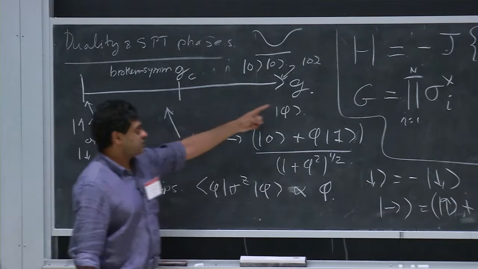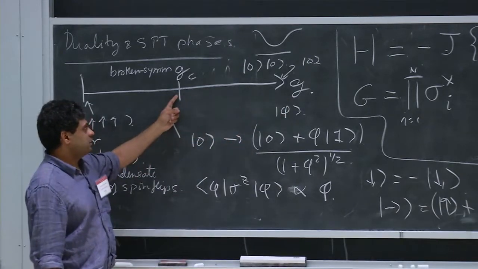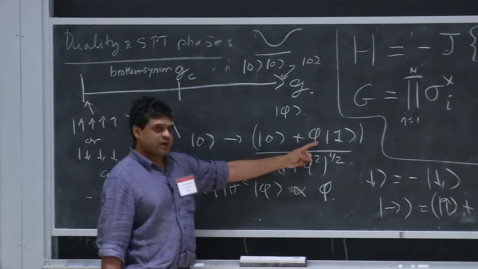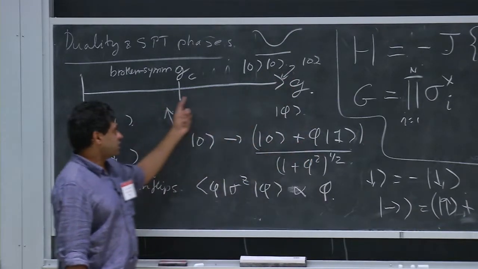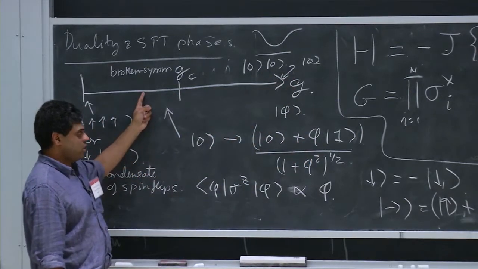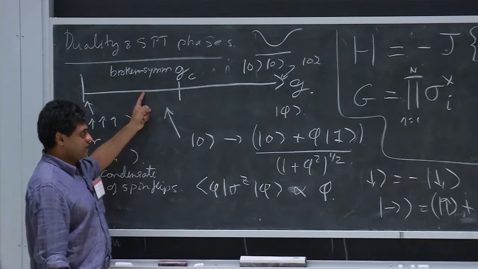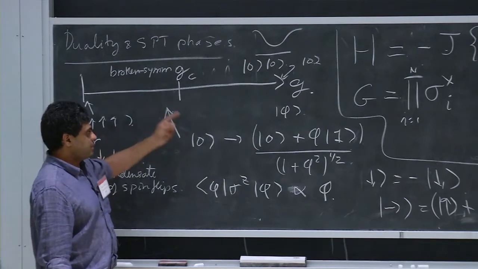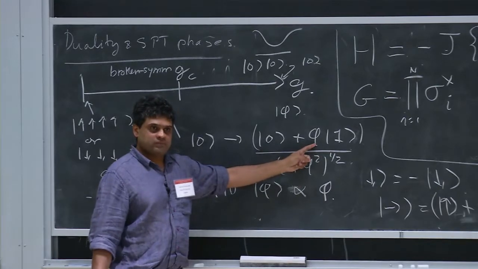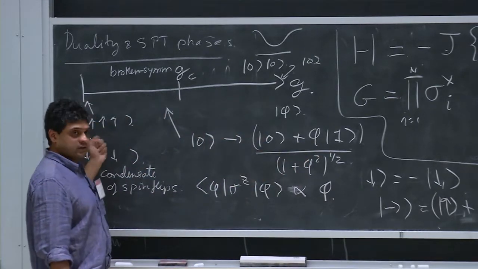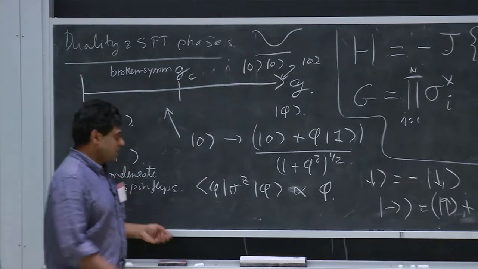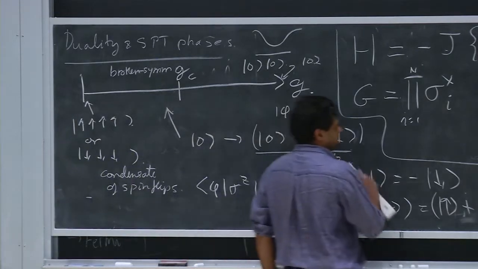It takes a finite region over here. Initially you prefer the state which has phi equal to 0, that's just the state over here. But beyond a certain point, when G becomes sufficiently small, within the energetics of that variational state, you end up preferring some value of phi. And this value of phi grows, and eventually it gives you this state over here. So I'll leave that as an exercise. That's called mean field theory.